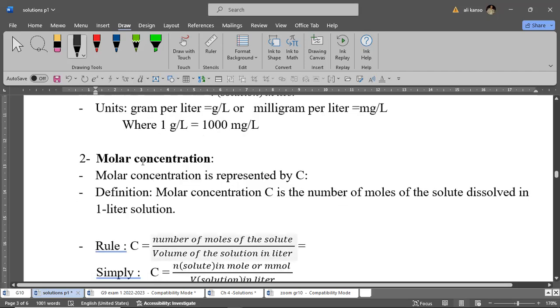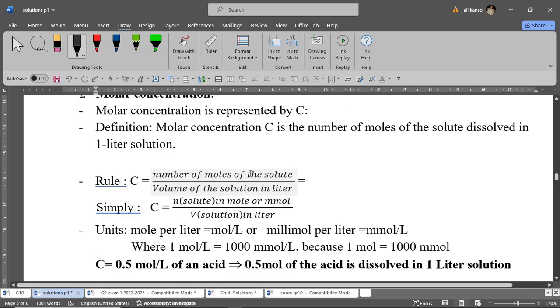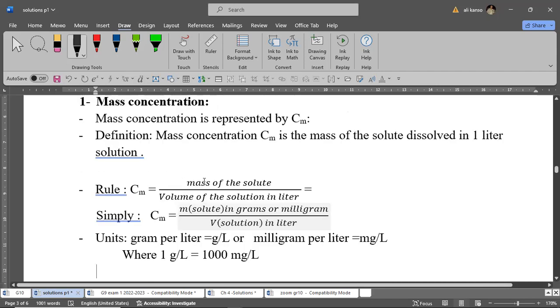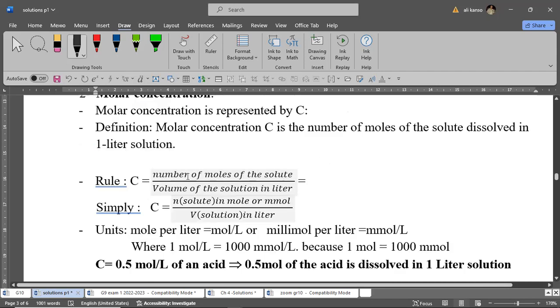If we deal with molar concentration, we write moles of solute over volume of the solution. Always, the concentration is a ratio of solute over solution. Remember this. The solute can be expressed either in mass or in moles.